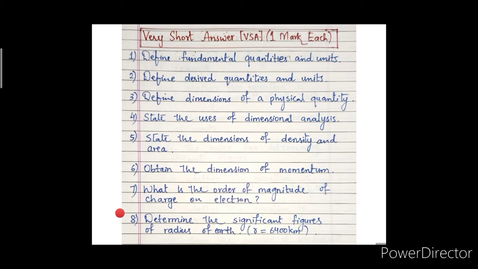The next question: determine the significant figures of radius of earth. As you can see, the radius of earth r is given as 6400 kilometer.